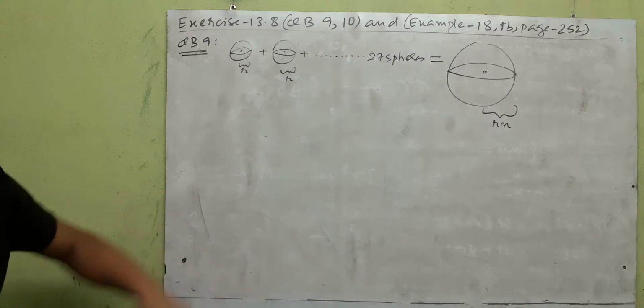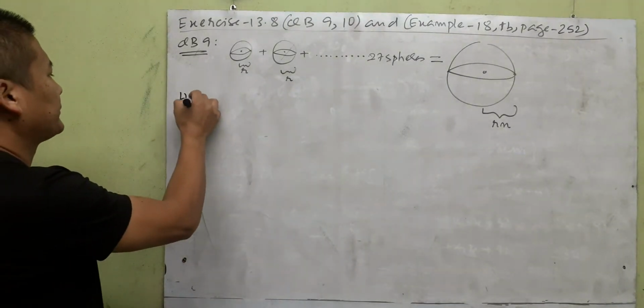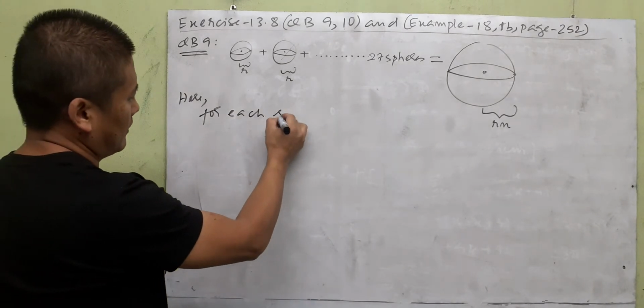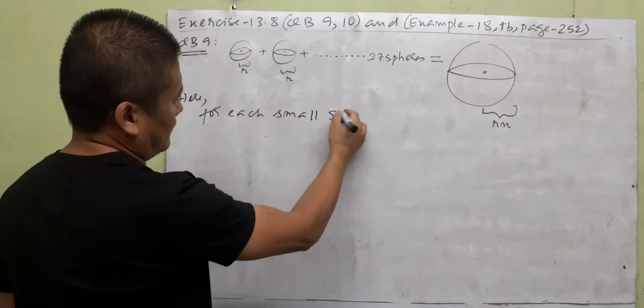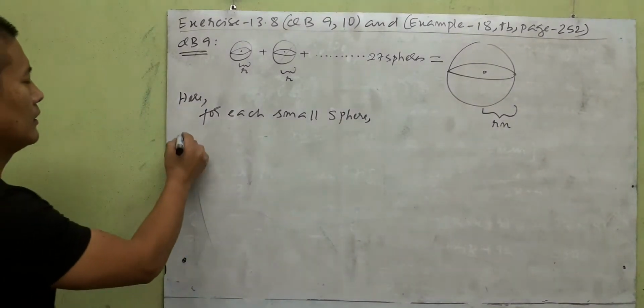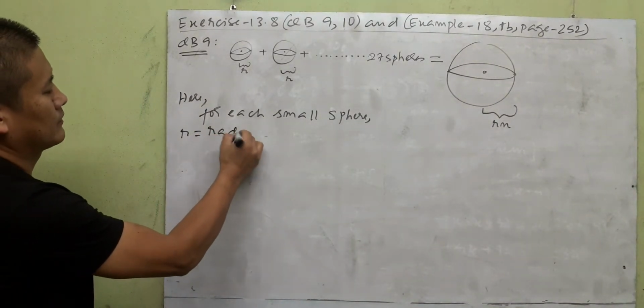So we have to find two things. Let's just start here. For each of the 27 small spheres, let us say R is equal to the radius given in the question.